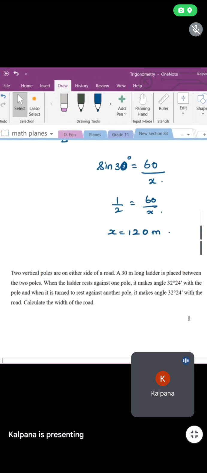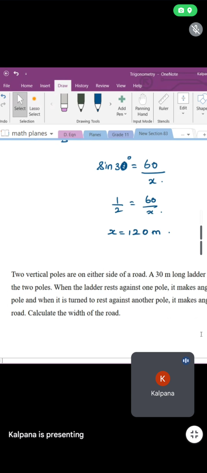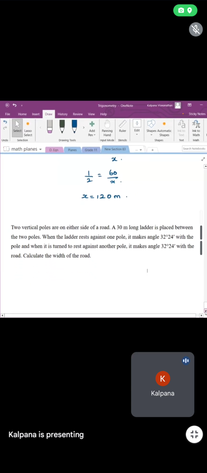A 30-meter long ladder is placed between the two poles. When the ladder rests against one pole, it makes an angle 32 degree 24 minutes with the pole, and when it is turned to rest against another pole, it makes 32 degree 24 minutes with the road. Calculate the width of the road. So you all know how to use the table, children? Trigonometry table? You all know to use it or not? Because 32 degree 24 minutes is not a standard angle.